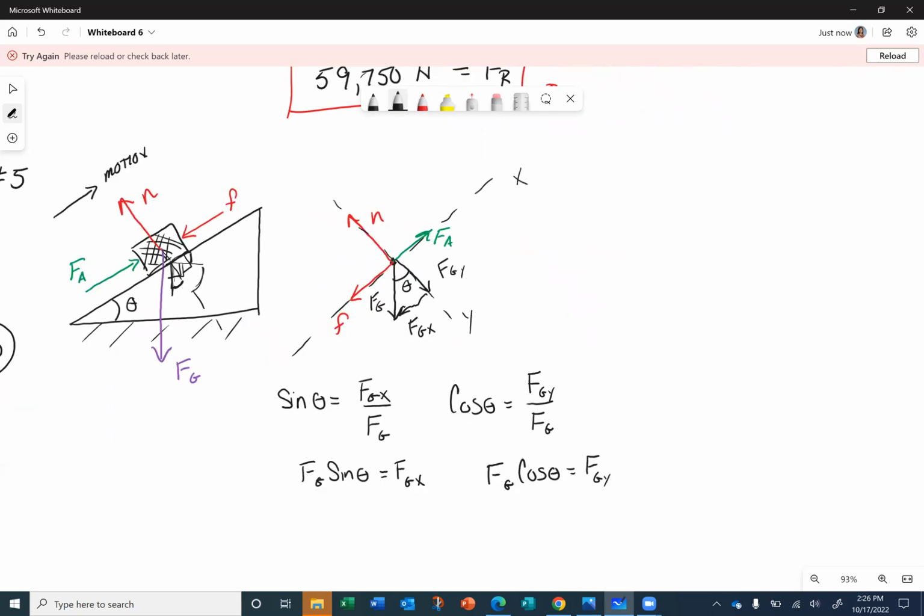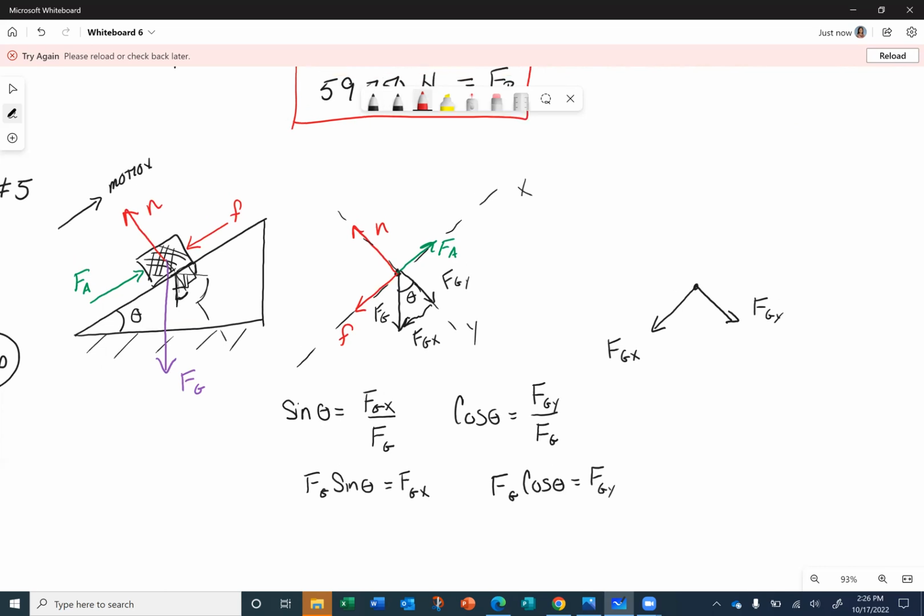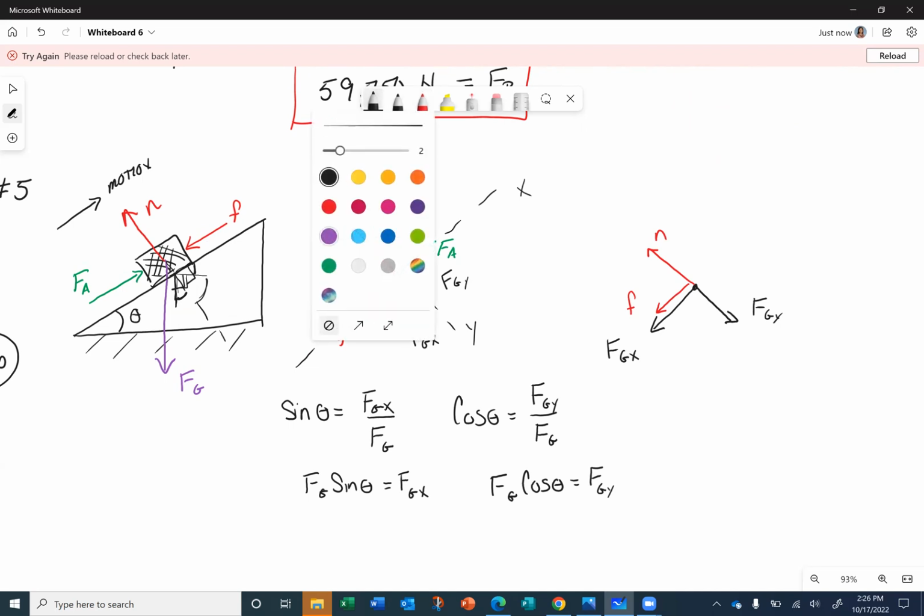Redrawing all of that to clean it all up, you will have FGY, FGX, friction, normal force, both due to the surface, and finally the force applied by the mover.